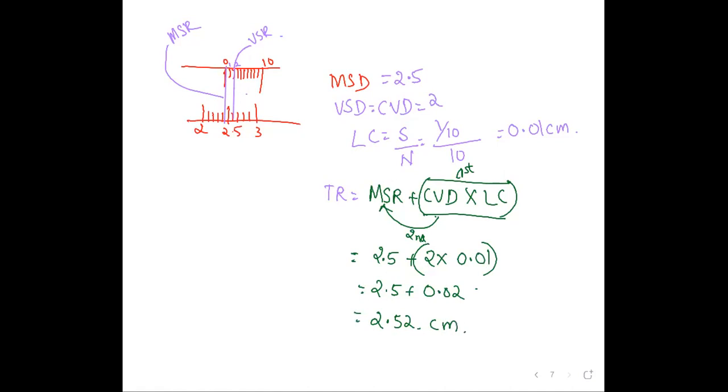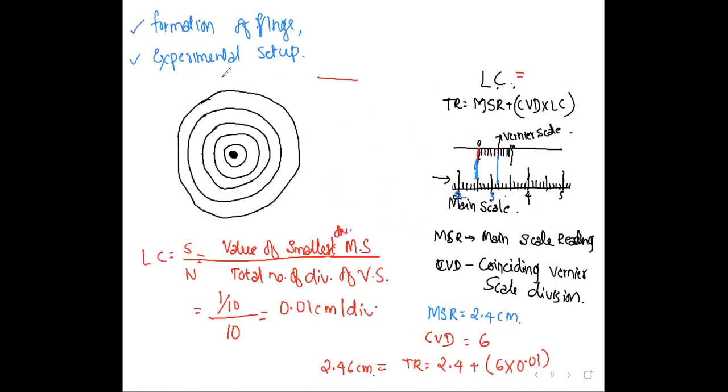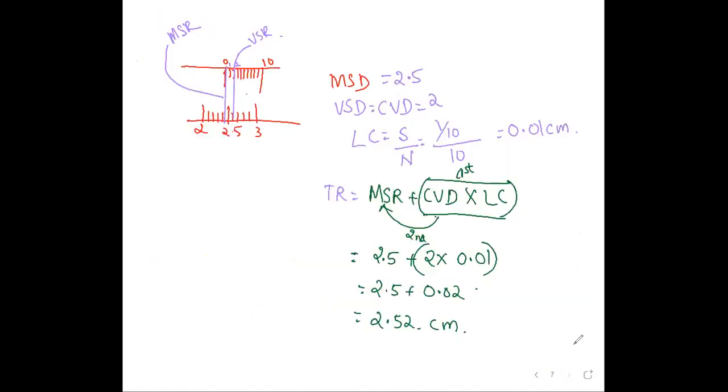Okay, then let me go back. We have got the rings, and now we have to take readings. Have you drawn the tabular column? Let me draw a tabular column over here.